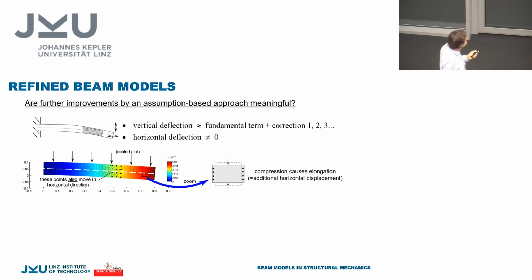For example, here's a horizontal deflection. This is a drawing from a finite element simulation, and this middle fiber is not the neutral fiber. So due to compression, there's an elongation.